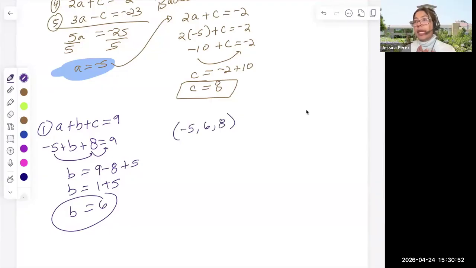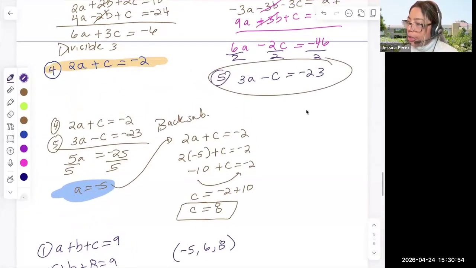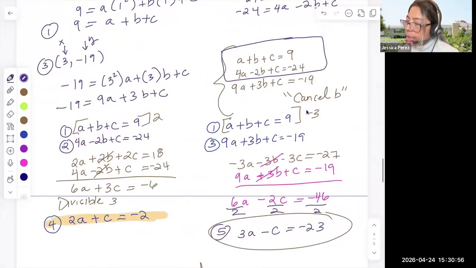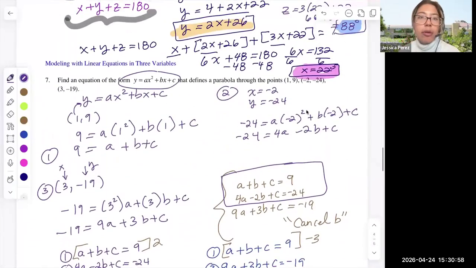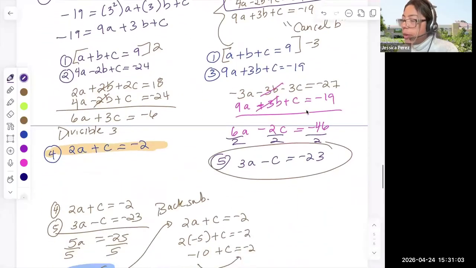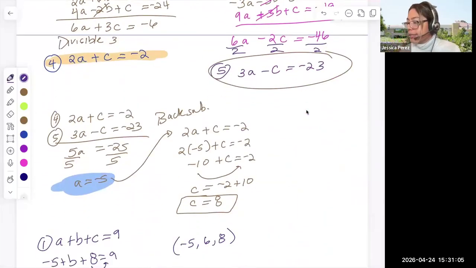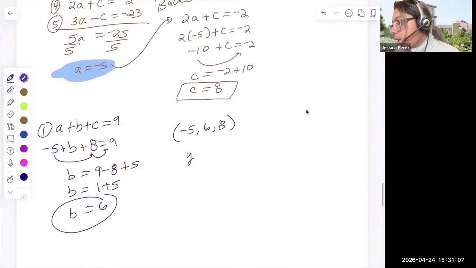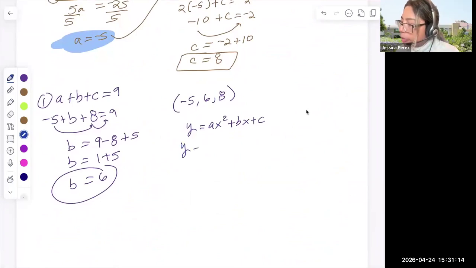Now, this is not my final answer because my final answer is actually to write the equation y equal ax squared plus bx plus c. But we already have that solution. We know what a is, we know what b is, we know what c is. So we get y equal ax squared plus bx plus c. So then I get y equal negative 5x squared plus 6x plus 8.